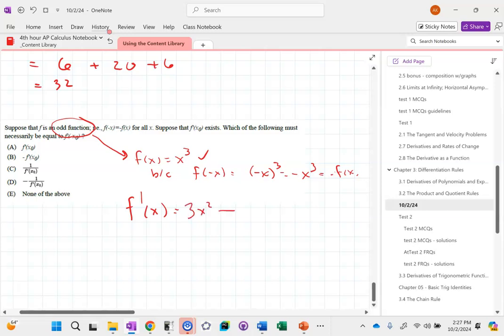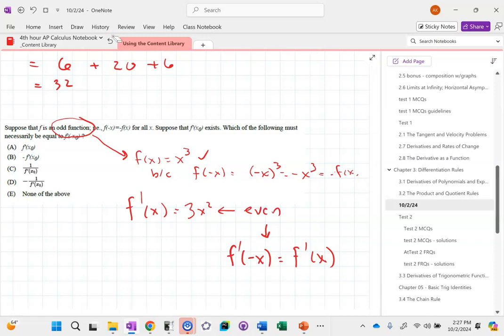What kind of function is this? Even. And I remember for an even function, that would be f prime of negative x equals f prime of x, right? So here, I should pick this one.